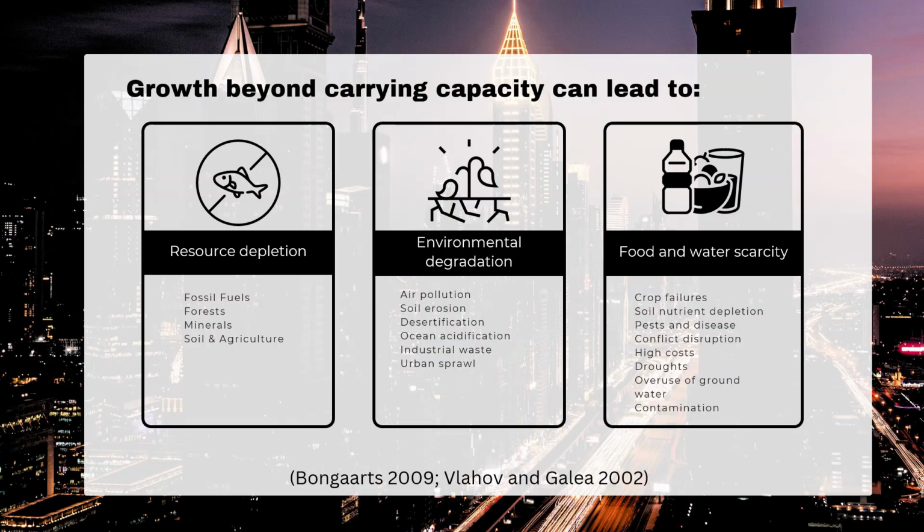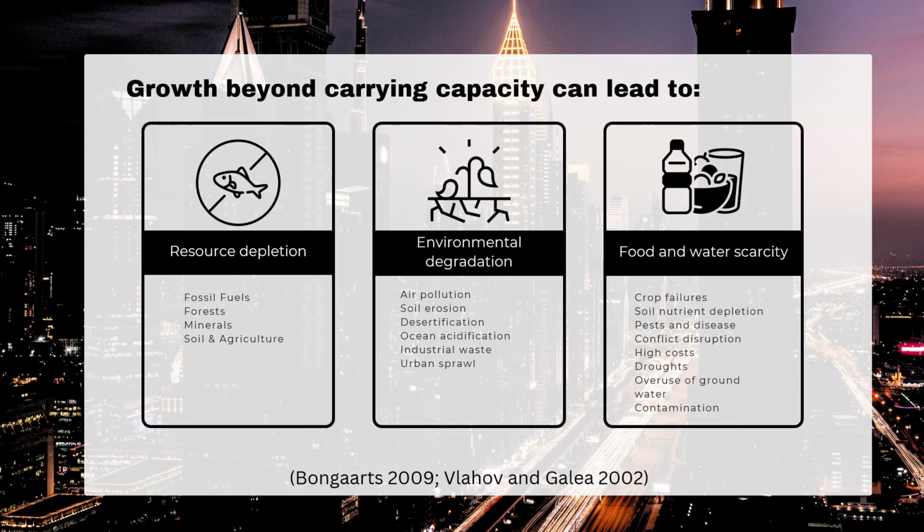When a population grows beyond carrying capacity or puts too much pressure on it, the environment begins to experience negative consequences in three main areas: resource depletion, scarcity, and environmental degradation. A major consequence is resource depletion, which occurs when natural resources are used faster than they can be replaced.